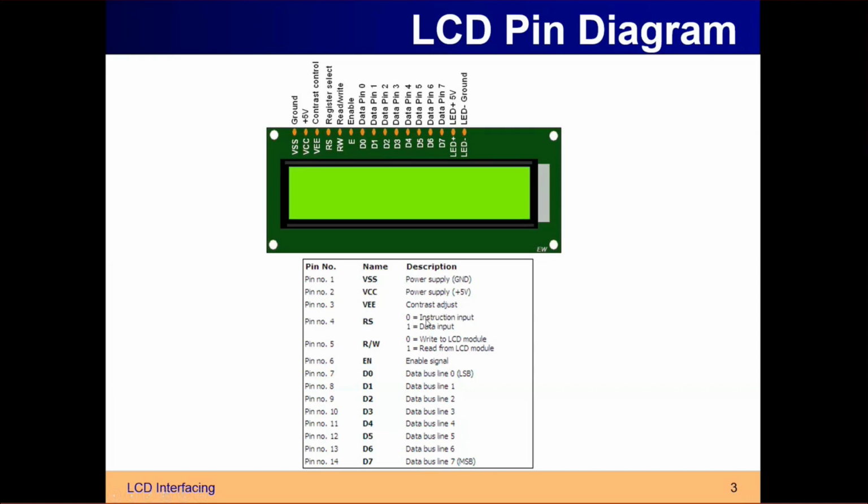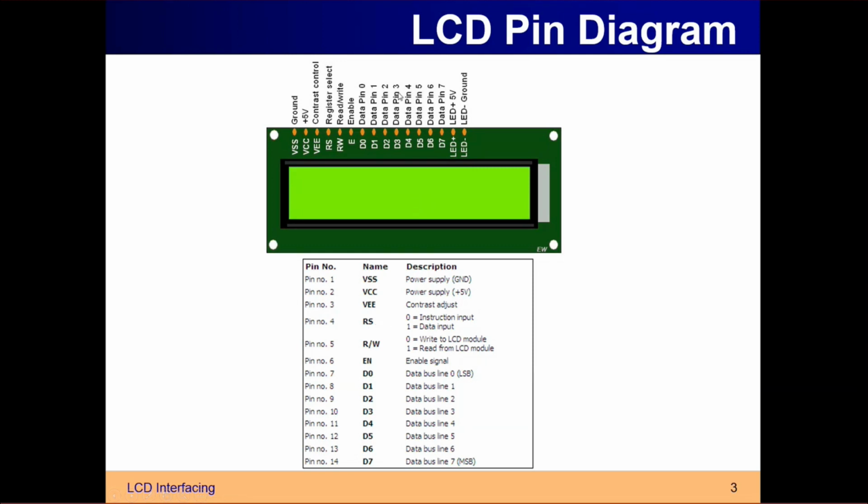Once command is selected, whatever you write here will be sent to the command RAM present in the LCD controller. If it is 1, the data you write here will be written onto the character generation RAM present in the controller of the LCD, not the other controller. The LCD controller is there.